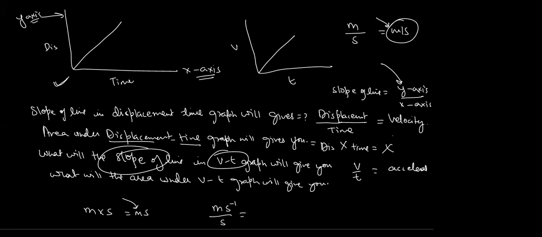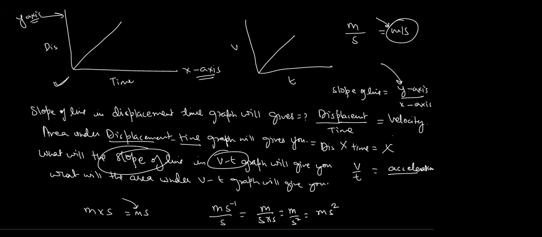Sorry for that. The meter remains, and the second inverse means another second comes in, so it gives you meter per second square. So in the VT graph, the slope of the line gives you the acceleration a.